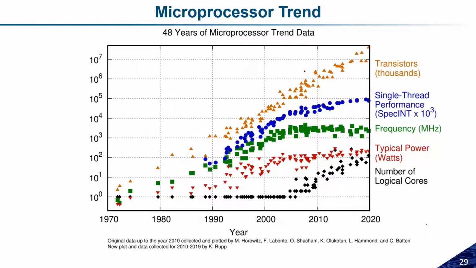Operating frequency was initially increasing with respect to time, but now it has started flattening, meaning we cannot improve the frequency further. Increasing the frequency is not just a matter of reducing the feature size; you have to maintain other parameters as well. The operating frequency is maintained up to around 10 to the power 3 megahertz.